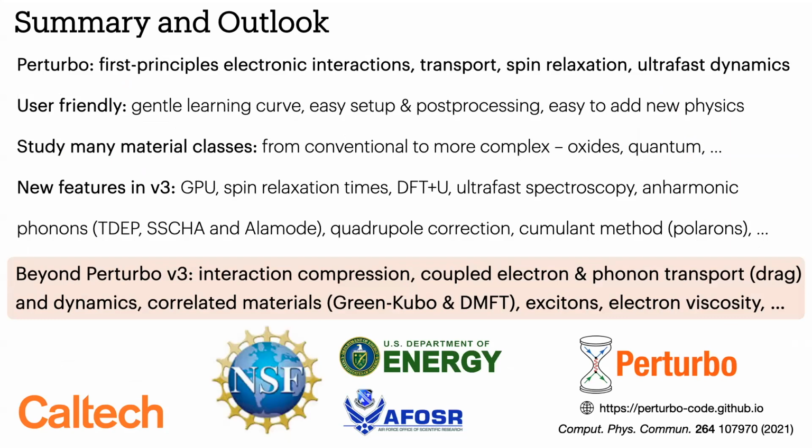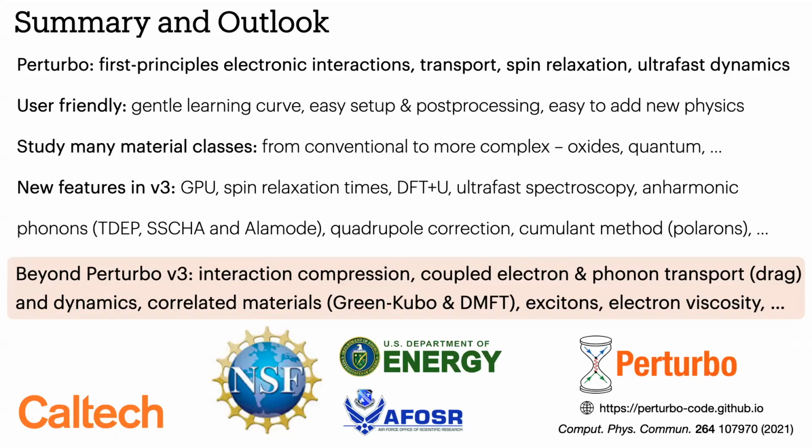As a summary, again, Perturbo is primarily a tool to carry out first-principles calculations of electronic interactions, transport, spin relaxation, and ultrafast dynamics. What we like about it is that it's very user-friendly and efficient.